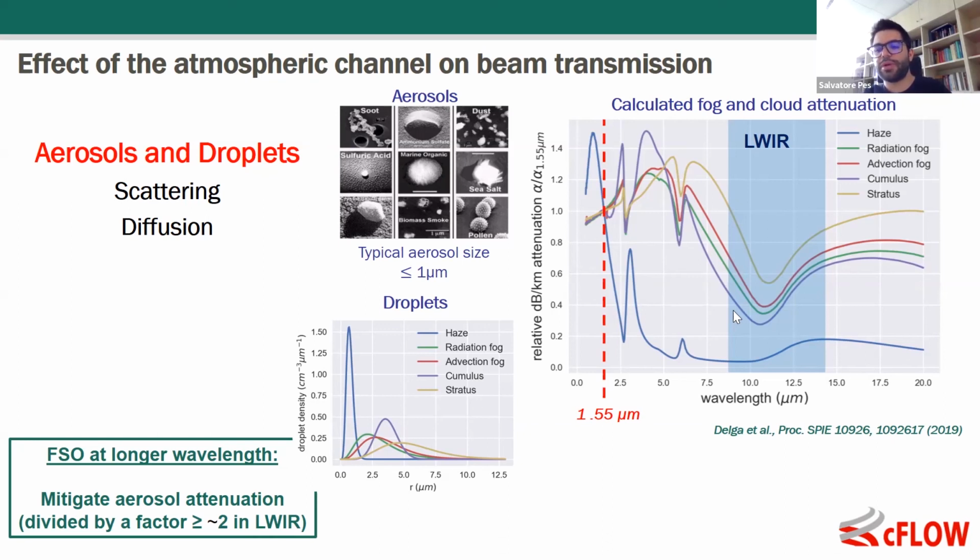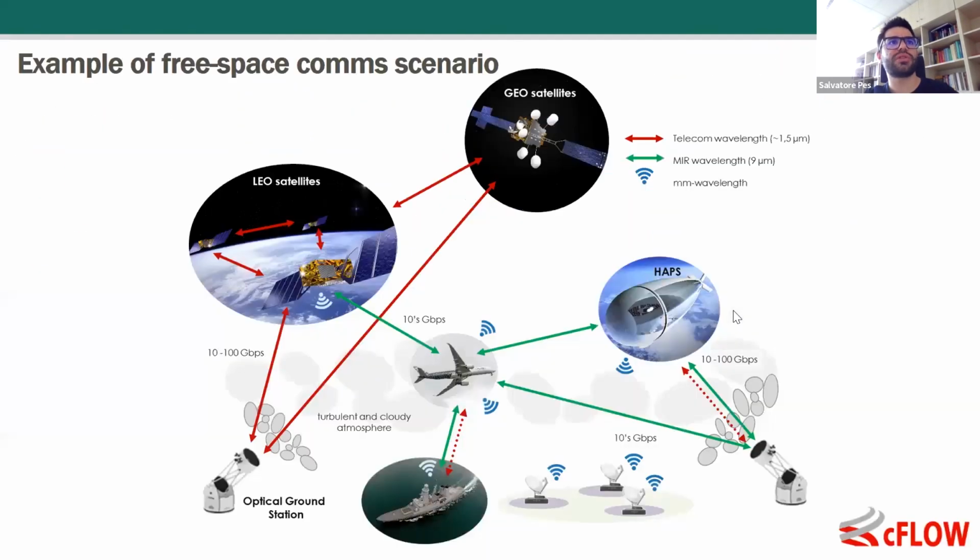We are going to a situation in which we will probably have different technologies coexisting together to permit redundancy of the system, because 1.55 can outperform LWIR-based FSO in other scenarios, like satellite to satellite communication, in which you don't have atmosphere in between the terminals, so you don't benefit from using QC technology.